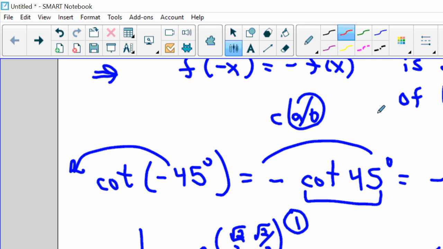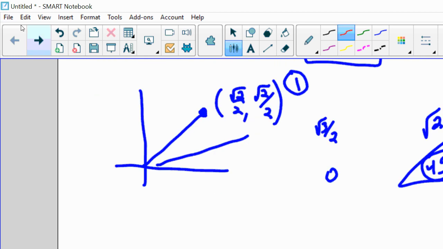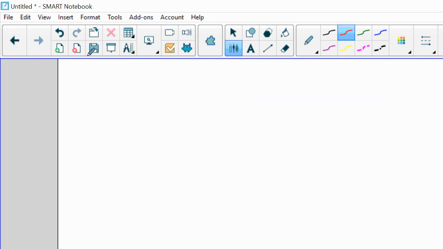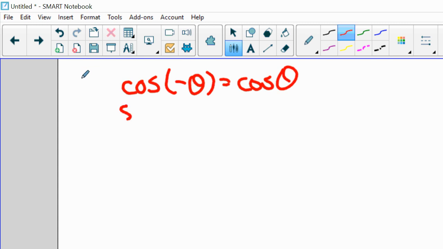So being odd is a good thing. What I'm trying to say is, with respect to our formula sheet, we've got 6 more formulas. Cosine of negative theta equals cosine theta. Secant of negative theta equals secant theta.